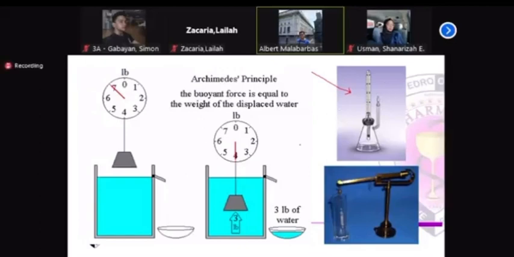And another one, below, is your Mohr-Westphal balance. It's an old method of measuring specific gravity, but it is no longer used much because the results are unreliable. The pycnometer method is used more.